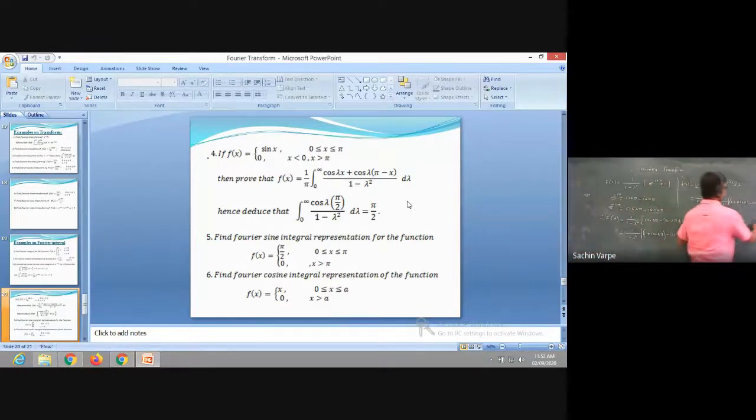This f of lambda into e to the power, I'm writing here, please don't get confused, e raised to i lambda x d lambda. This into this. How to proceed further?